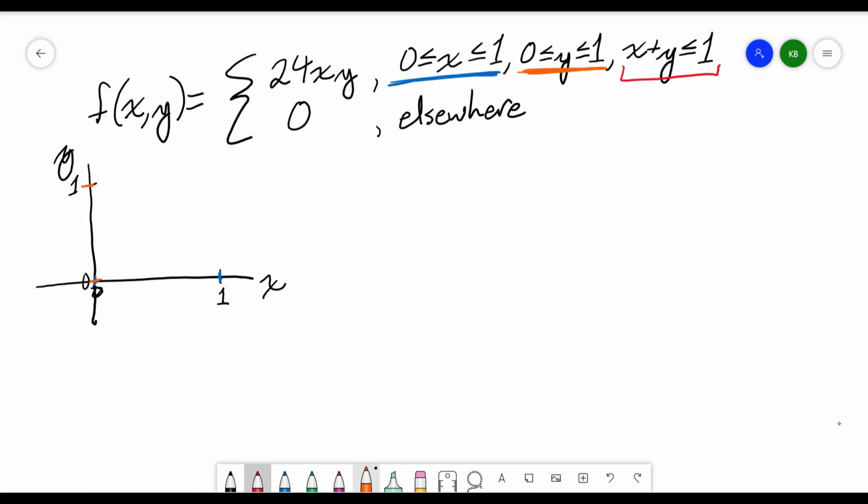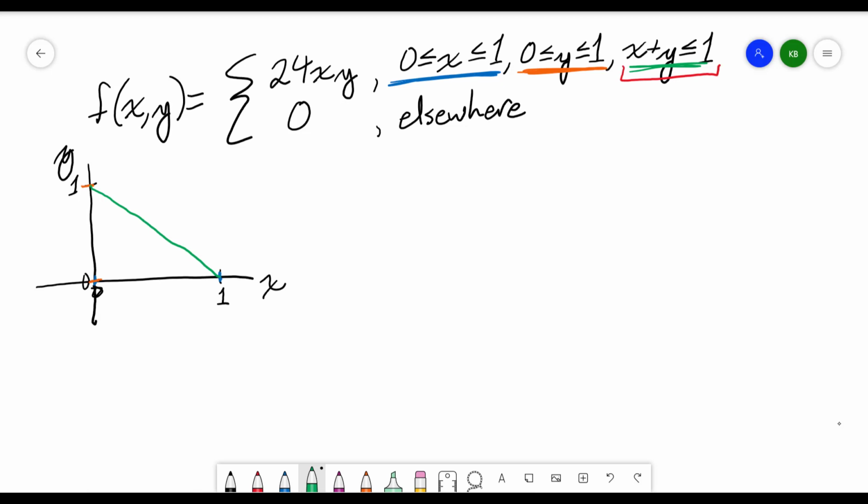And then I have this equation here, x plus y is less than or equal to 1. So I'm actually going to plot the line x plus y equals 1. And that line is going to be the straight line from y equals 1 to x equals 1, where the other is 0 each place.